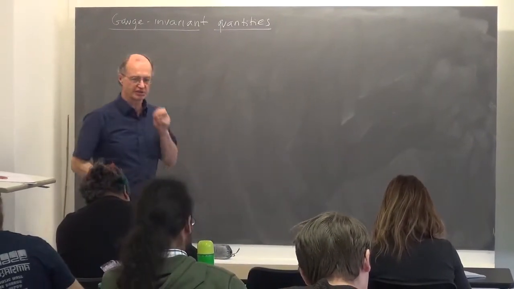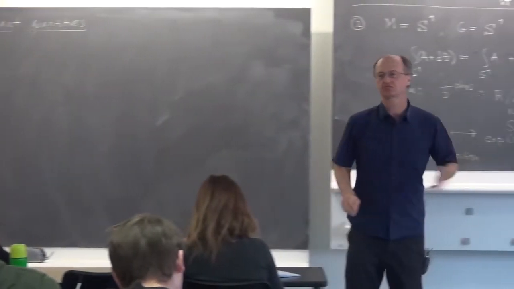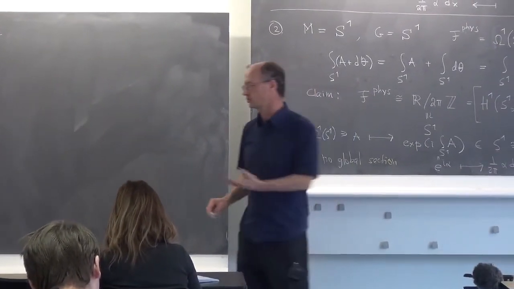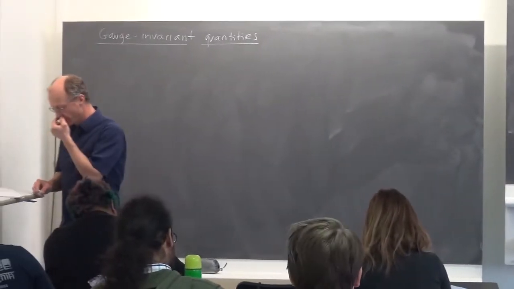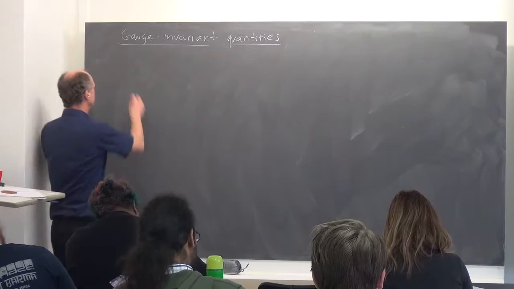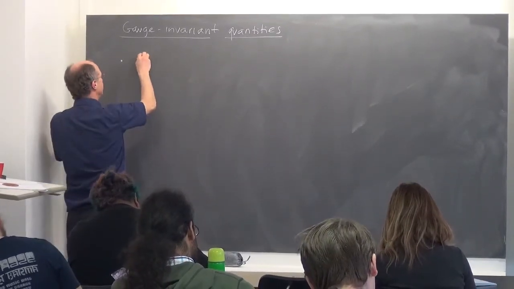Gauge invariant quantities. So if you want to build some gauge theories, we need to have some tools to create gauge invariant quantities. And let me give you some simple examples. Of course, probably most of you know it already.